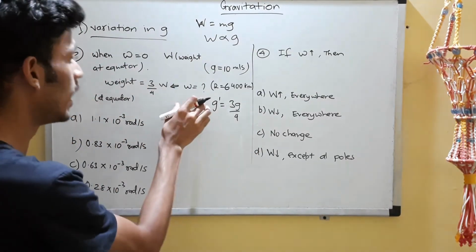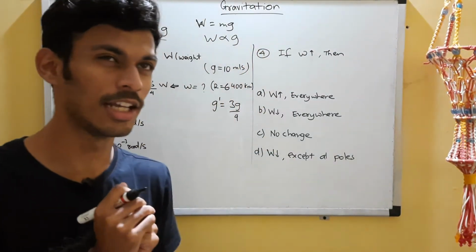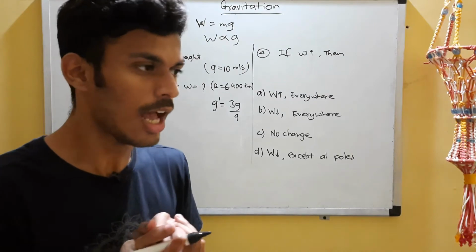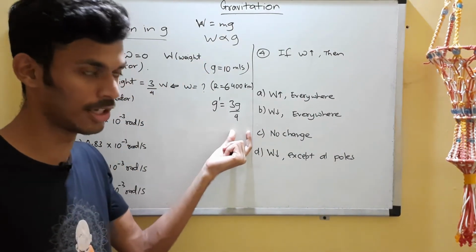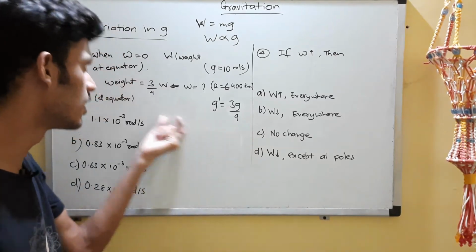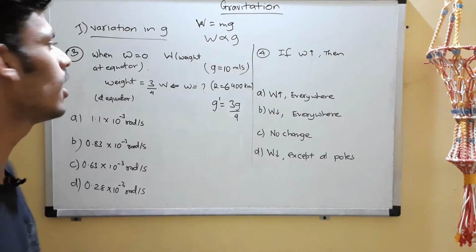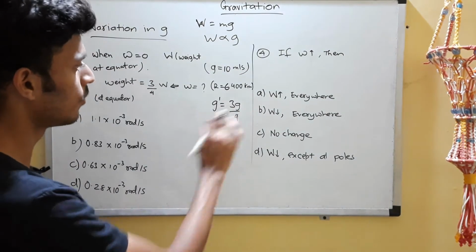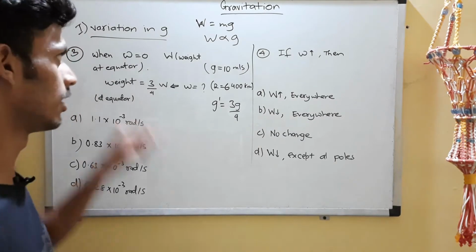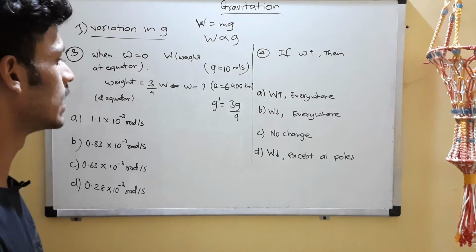Since the earth is rotating in the second scenario, the effective gravity is decreasing, and due to that the acceleration due to gravity is becoming 3/4, and due to this the weight is becoming 3/4 because they are directly related. So let's see now. So effective gravity should become 3/4 of the initial gravity. So that is our thought process over here.